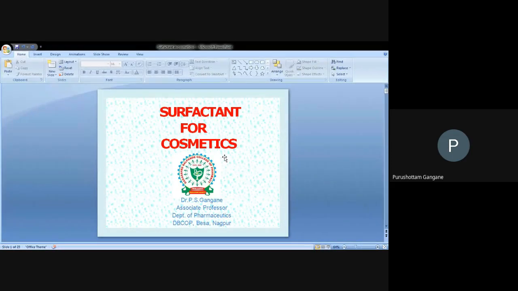From the slide you came to know we are going to study surfactants for cosmetics. You know the function of surfactants. They are also called surface active agents, and also amphiphiles. What is the reason behind calling them amphiphiles? Because they contain both polar as well as non-polar groups. Their major function is to reduce the interfacial tension between two surfaces.